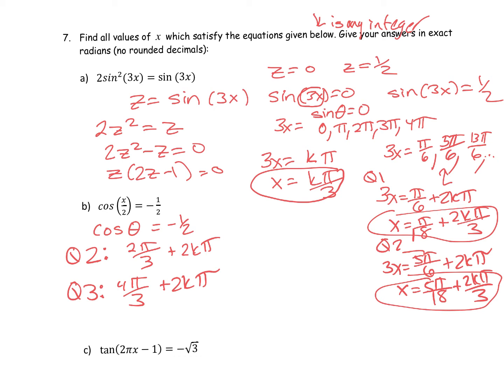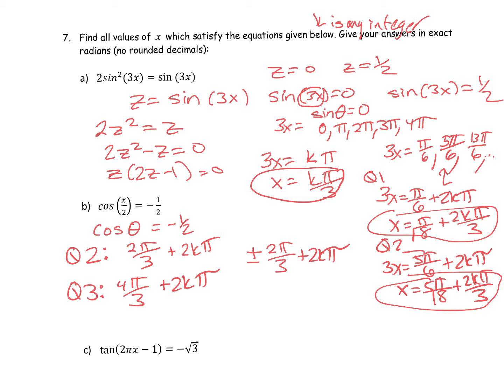So I can get all quadrant 2 and 3 angles by simply saying plus or minus 2 pi over 3 plus 2k pi. So often you'll see in my solutions I do that. Instead of doing 2 separate positive angles for quadrant 2 and 3, I do the positive quadrant 2 and the negative quadrant 3, which is coterminal to, in this case, 4 pi over 3.